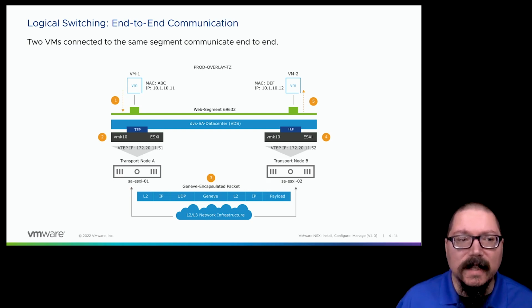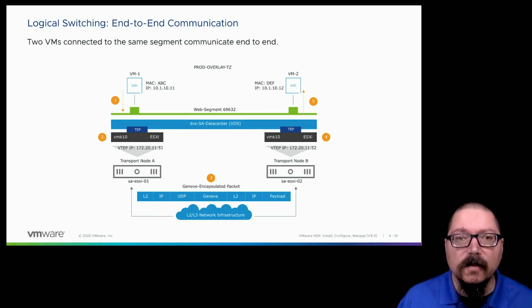When the destination tunnel endpoint receives that Geneve packet, it's going to start peeling off all the headers. It'll get to the Geneve packet. It'll process the information there and say, okay, this layer 2 frame needs to be forwarded to this VNI. And it's going to take that inner layer 2 frame from virtual machine 1, put it on the virtual switch on the destination hypervisor, and the virtual switch will simply forward that layer 2 frame onto the destination virtual machine.